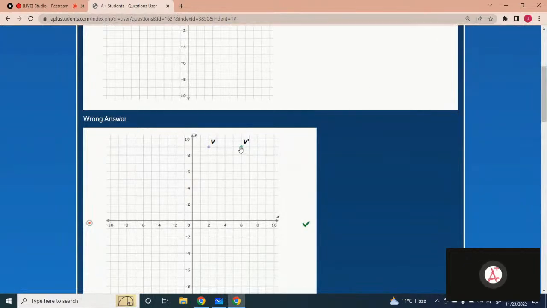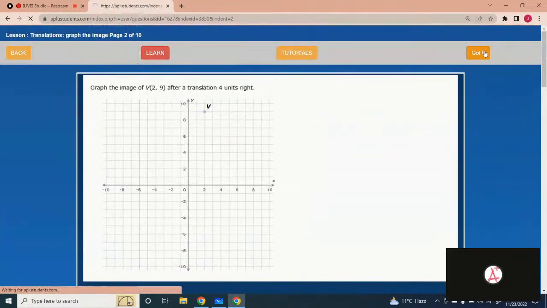Okay, yeah, I selected the wrong option. It is 6 and 9. Sorry. The first option is the correct one.